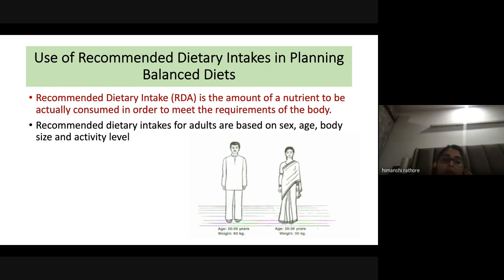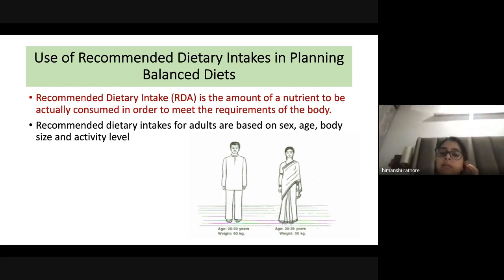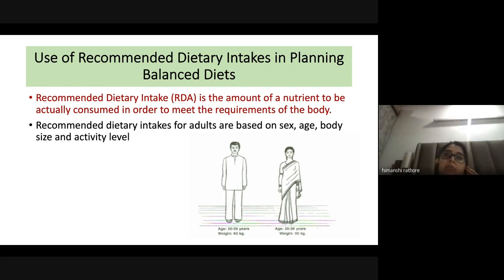Then, as I told you, the recommended dietary intakes for adults are based on sex, age, body size, and activity level. Like I have shown you a picture where a reference woman and a reference man are given. The age is 20 to 39 years and weight is 60 kg. So this is the ideal weight that a man has to maintain when he is at the age of 20 to 39 years, and a woman should weigh around 50 kg, not below that.